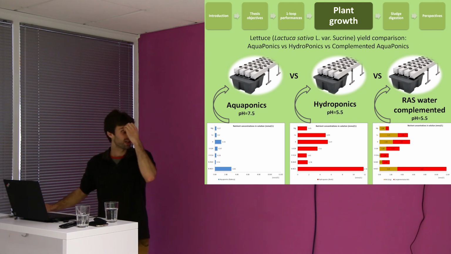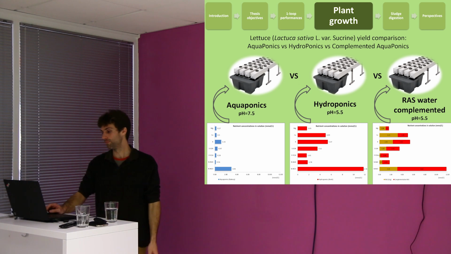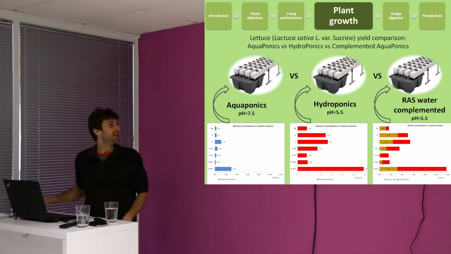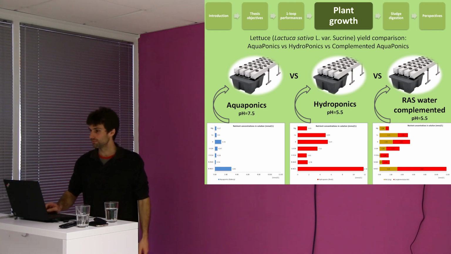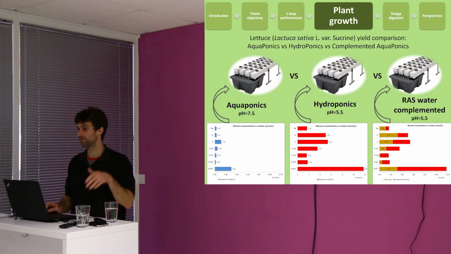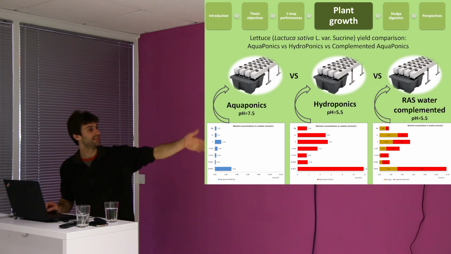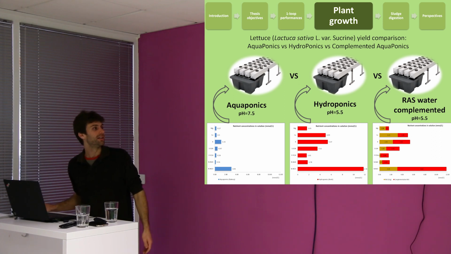So we have 3 different treatments, and we looked at the production. Was it taken from a RAS unit? Yes, a tilapia RAS unit that we have on site. The value is a common value of what we can find. You can see that we had to add a lot of phosphorus, for example.